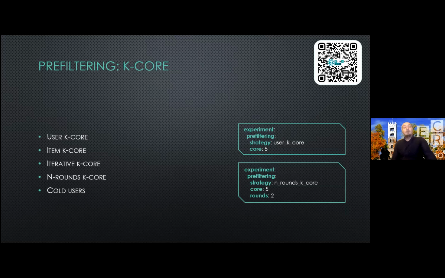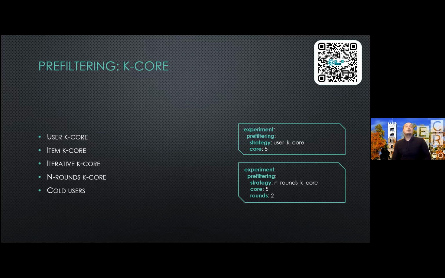What more? We have a lot of other pre-filtering strategies, such as the k-core, and among the k-core we have the user k-core. So we want to keep only the users that have a certain number of transactions, and we can do it in Elliot, and you can see it in the right-hand side.